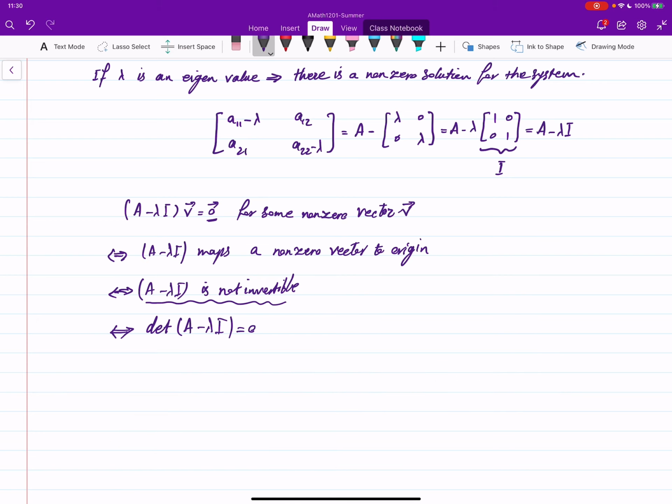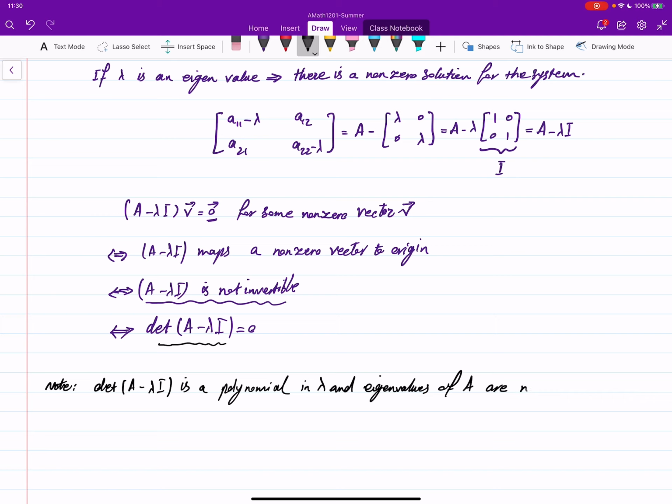So this is a note: the determinant of A minus lambda I is a polynomial in lambda. And we are trying to find the roots of that polynomial. The eigenvalues of A are the roots of that polynomial.